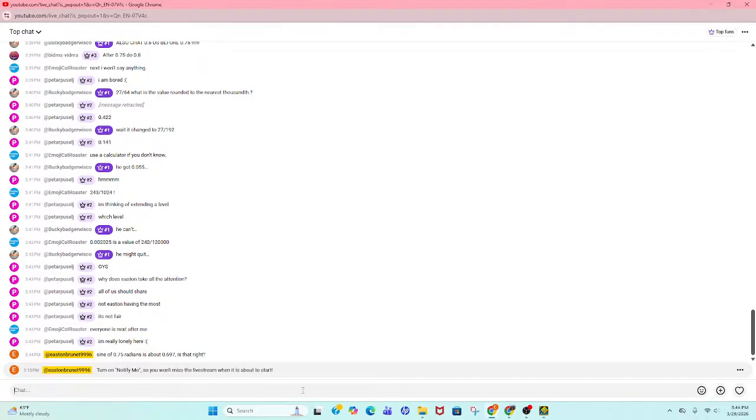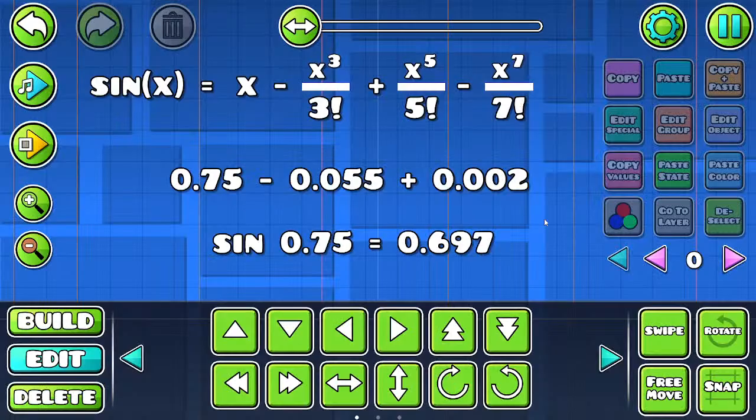The sine of 3/4 of a radian is about 0.697, or 697 over 1,000. Is that right?